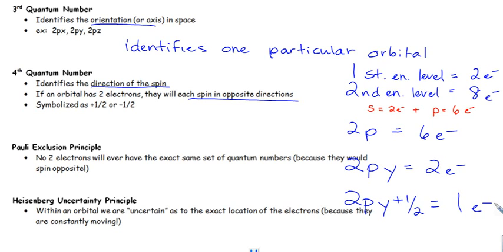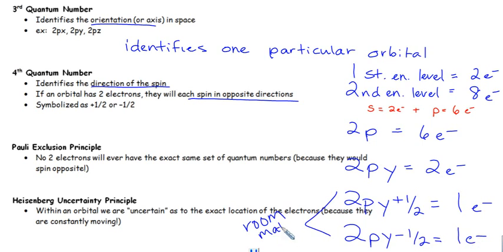His partner would be this guy. 2py minus 1/2. That would be the other electron. So these guys are roommates, and they love each other. Those guys share an orbital together, but they'll always spin opposite.